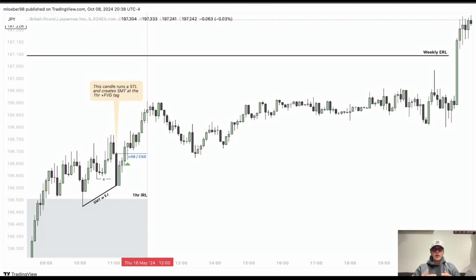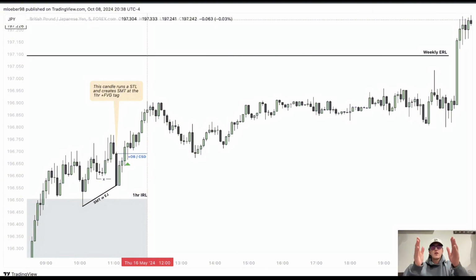Once we identify our foundation of the forever model, knowing where price is going to go to from an internal range liquidity pool tag and then SMT divergence, if you miss the first entry and you're confirmed that we had our change in state of delivery and our low risk buy, if you miss that first entry, you can still capitalize on that trade going to those external range draws because you're so utterly confident in the completion of that market maker buy model.